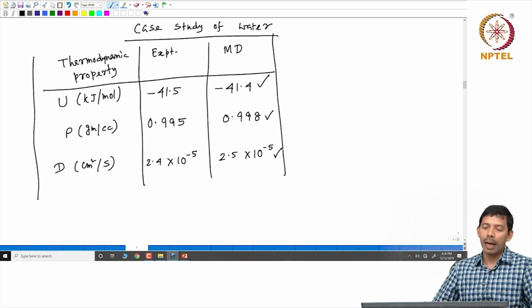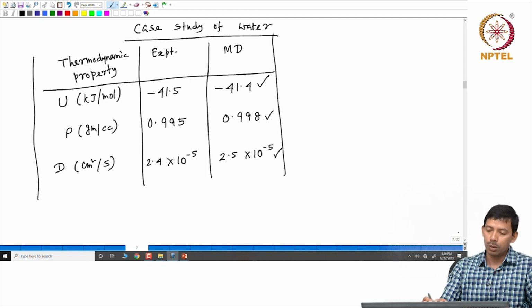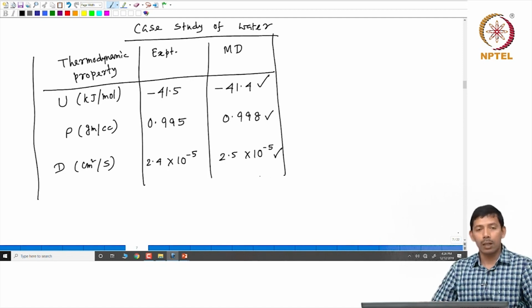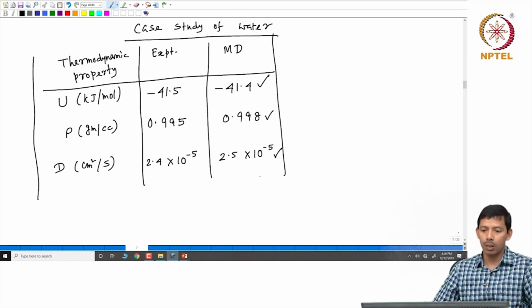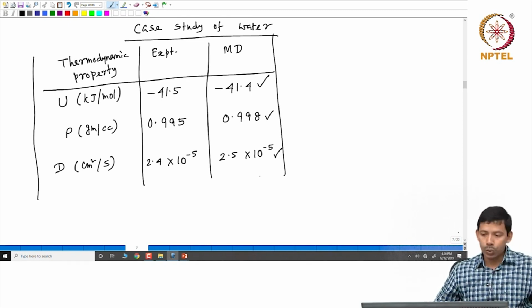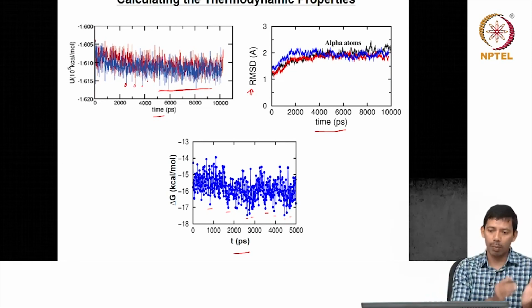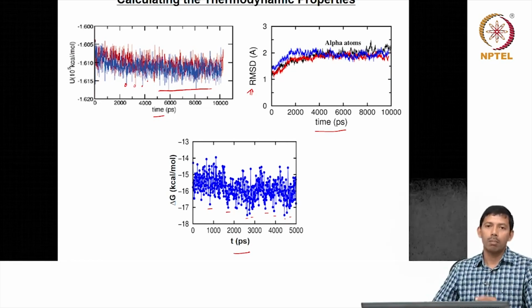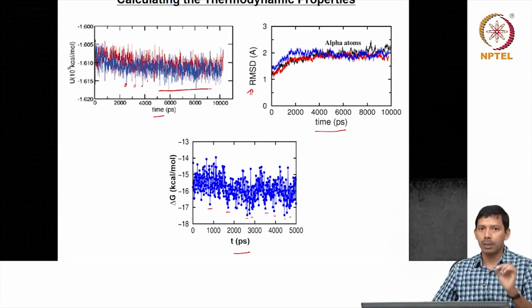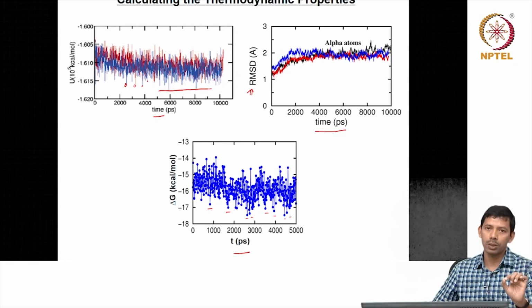So, the advantage of the computer simulation technique is that we are not only calculating the thermodynamic properties and matching them with the experimental data, we can also always go back to our microstates and pick up each and every microstate and see what transitions had happened.